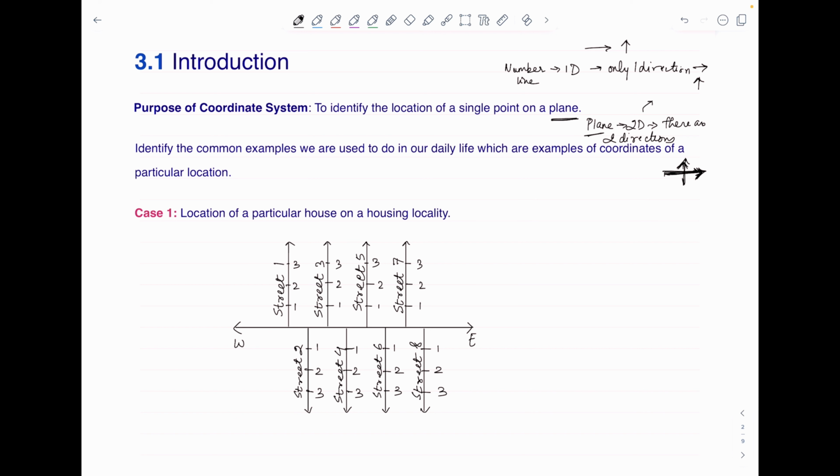Similarly, 3D means you can go east west, north south, and inside the paper or outside the paper also. That is 3D. So our number line is 1-dimensional. Plane is 2-dimensional, and in 2-dimensional there are 2 directions. Okay, so we will see some common life examples.